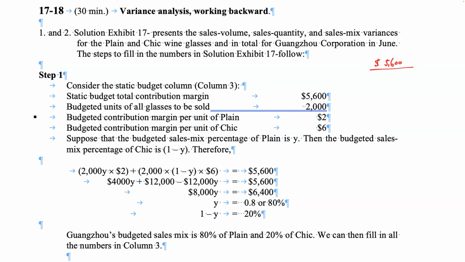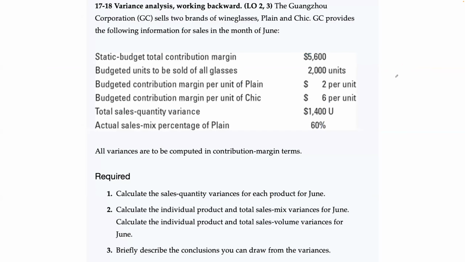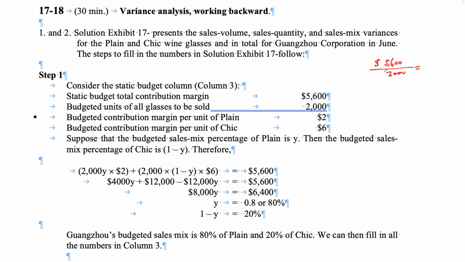My total number of units, including plain and chic, is 2,000. So 5,600 divided by 2,000. So what do I get? I get $2.80 per unit.